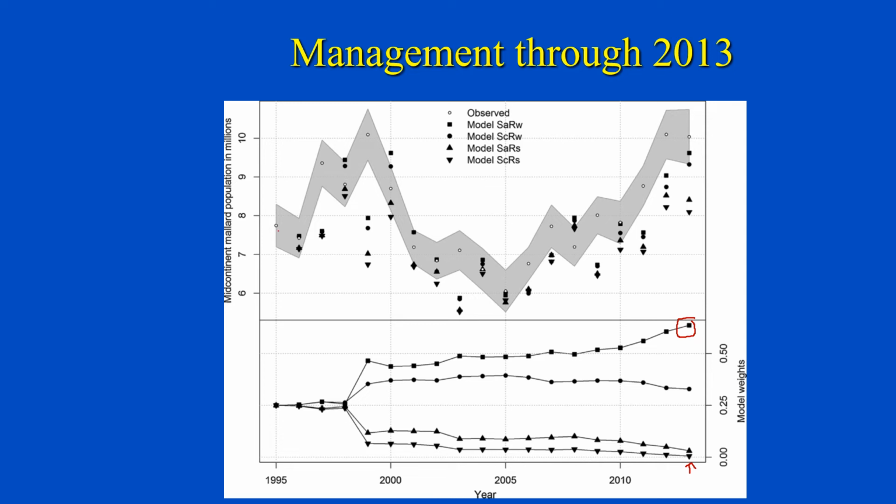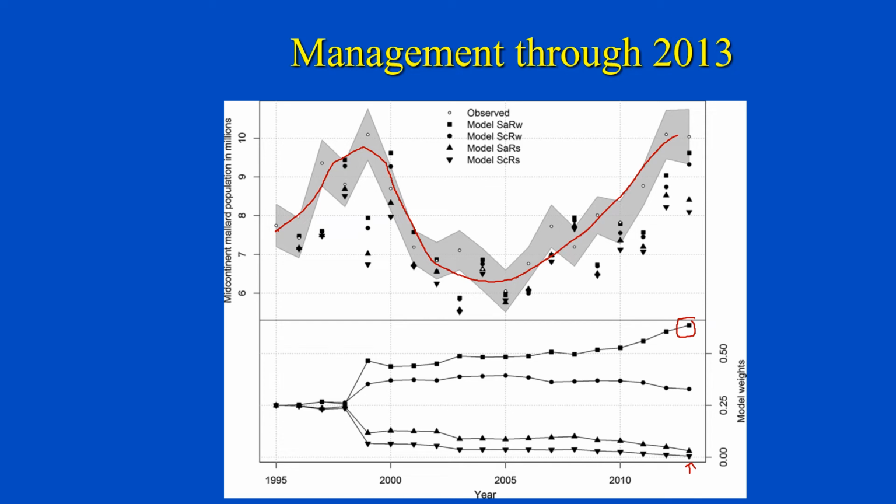Those early years, there were relatively a lot of ducks. Then it went through a dry period. Populations went down. And now, as of 2013 anyway, it was up to about 10 million ducks again. So they've learned a lot through this.